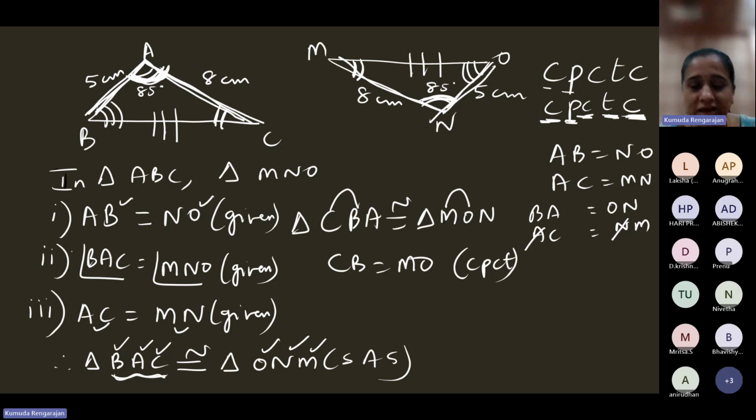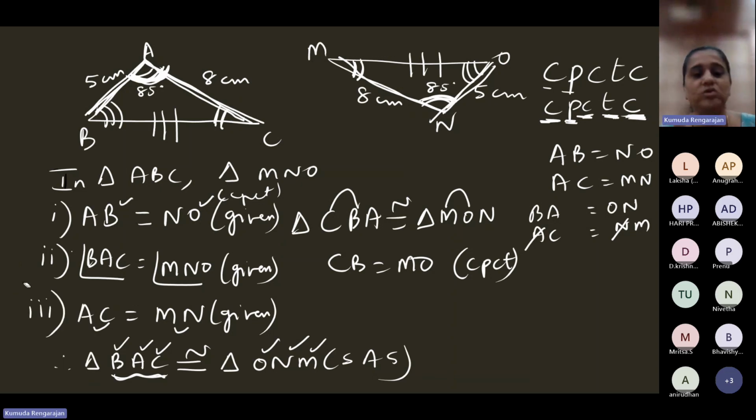Because the triangles are congruent, their corresponding parts are equal. CPCT cannot be used when you're writing AB is equal to NO. CPCT is a reason that can be given only after showing that the triangles are congruent. After that, you can write therefore this side is equal to this side, CPCT, or this angle is equal to this angle, CPCT. Before proving that the two triangles are congruent, you cannot use that reason CPCT.